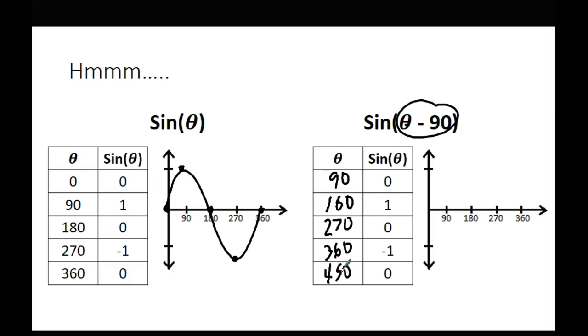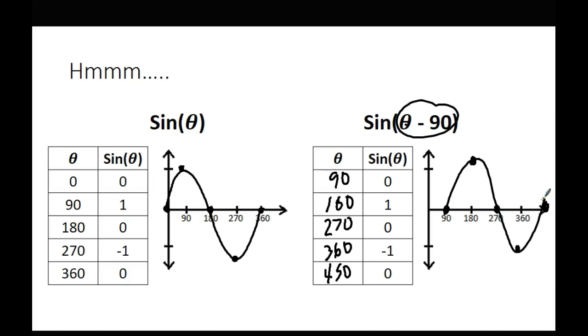So now 90 gives me 0, 180 gives me 1, 270 gives me 0, 360 gives me -1, and 450 would be like over here. And so we can tell from comparing the graph on the right to the graph on the left, what did the -90 do to the graph? It's a horizontal translation.